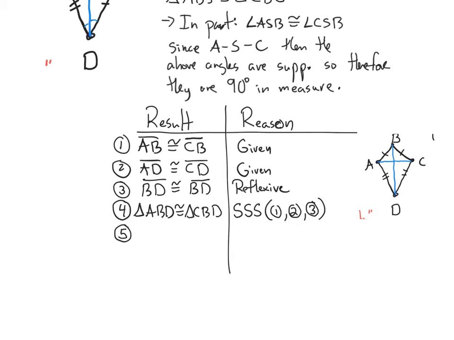The next thing we had is the only angle we really cared about, and I'll just mark it in. The only angle we used was, well, we called it ABS. So in particular, let's write it like this. We know that angle ABD is congruent to angle CBD.